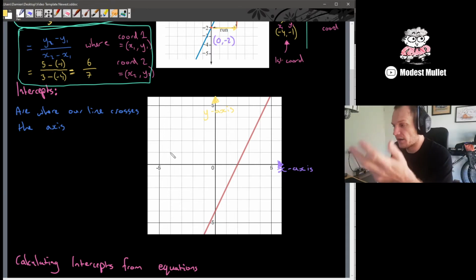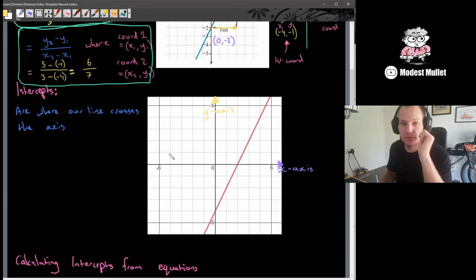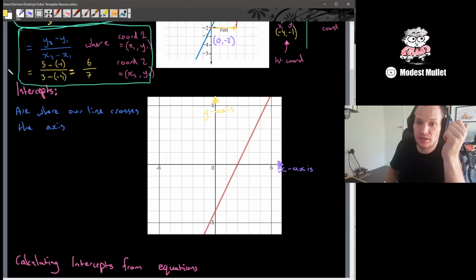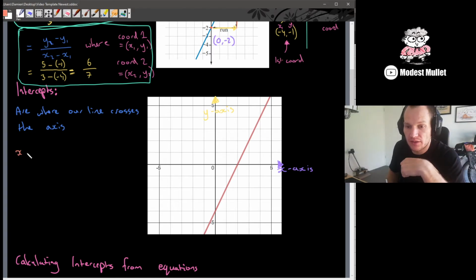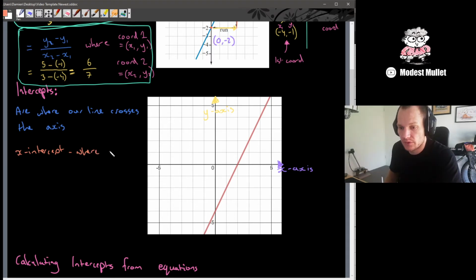For every straight line, we have two intercepts, one called the x-intercept and one called the y-intercept. So we have the x-intercept, where it crosses the x-axis.